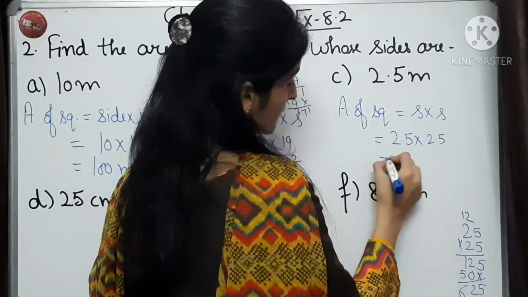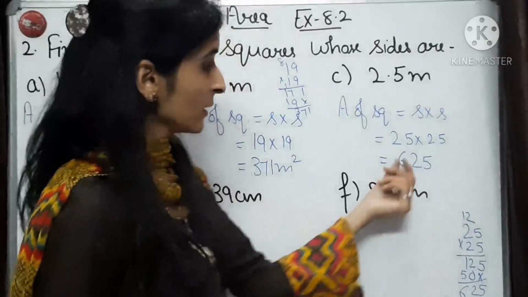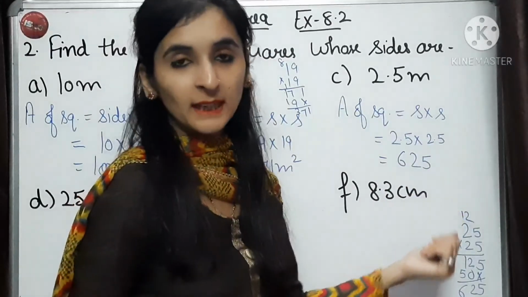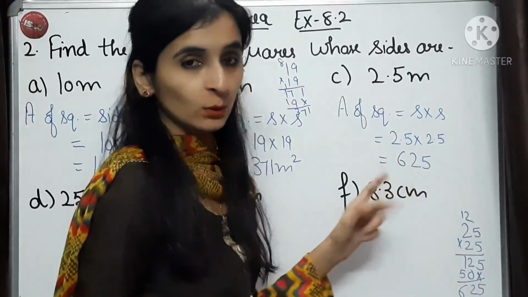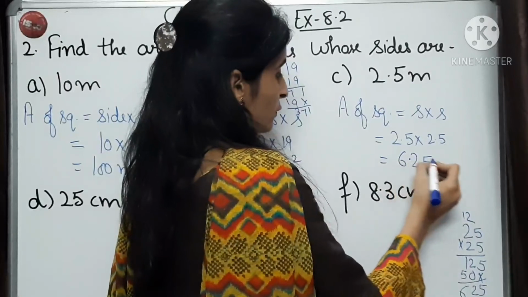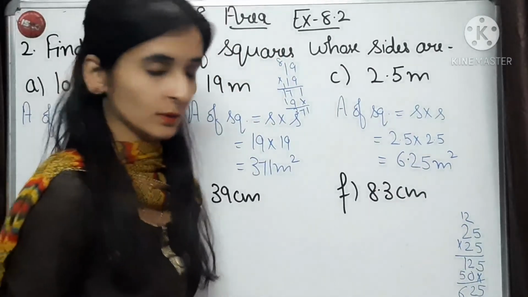So the product will be 625 and there is one decimal place in the multiplicand and multiplier. So in the product there will be 2 decimal places. So 6.25 meter square will be the answer.